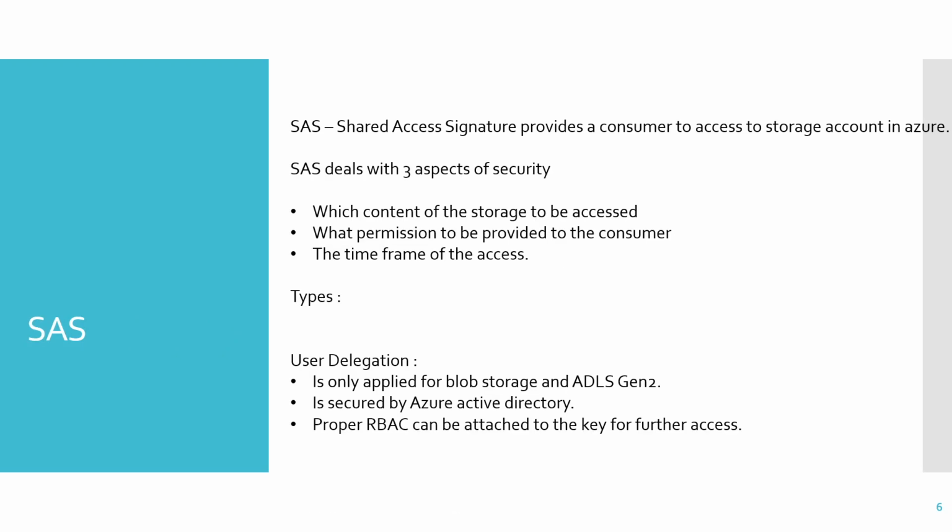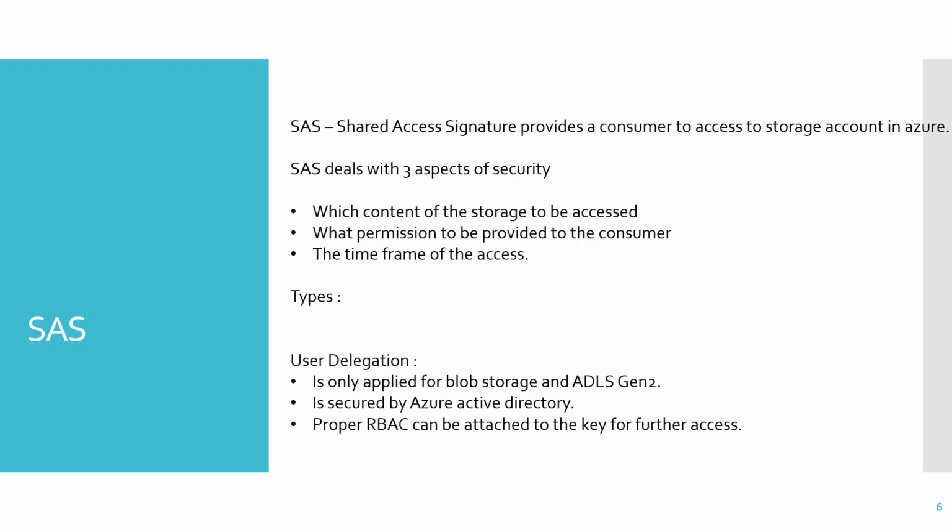The first one is shared access signature (SAS). Shared access signature provides a consumer access to the storage account in Azure to do different operations. For example, storing of data, alteration of data, those kinds of things a consumer does on top of a storage account, and that happens through shared access signature as an identity mechanism, basically.